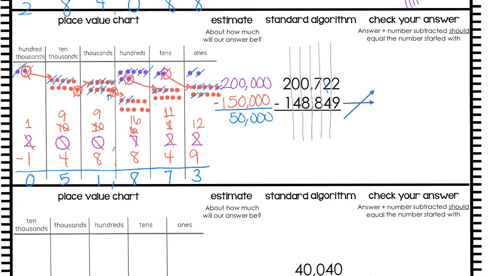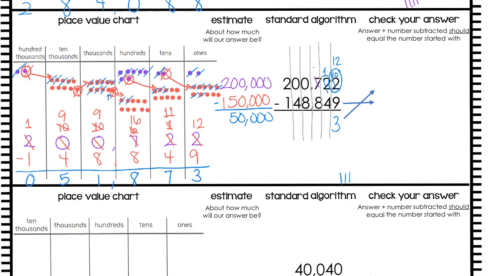So now instead of having 2 tens, we have 1 ten, but we have 10 more ones, so we have 12 ones. 12 minus 9, let's count up, 10, 11, 12, that is 3. Then in the tens place, we only have 1. Can we take away 4? No, we can't, so we have to go to the hundreds and regroup.